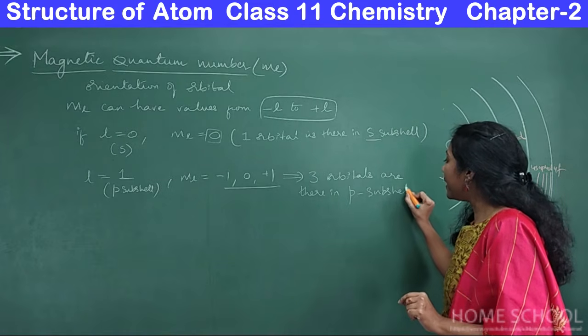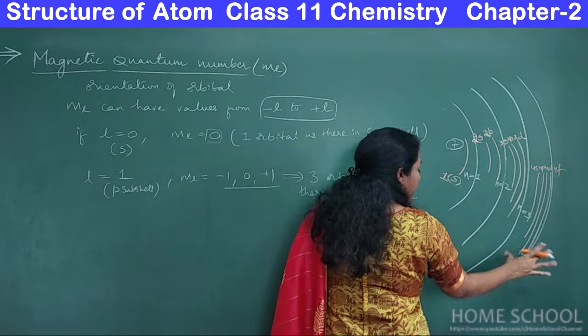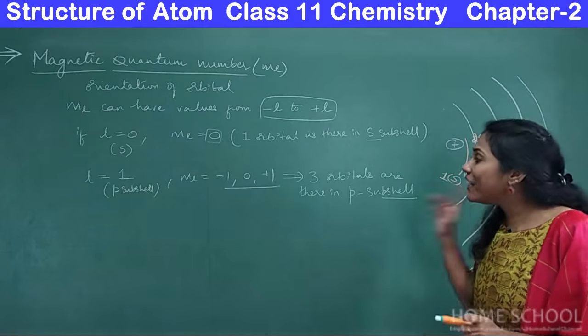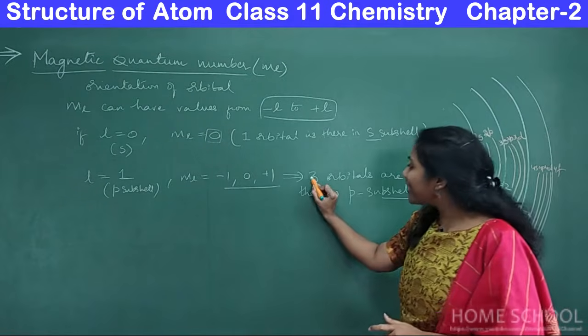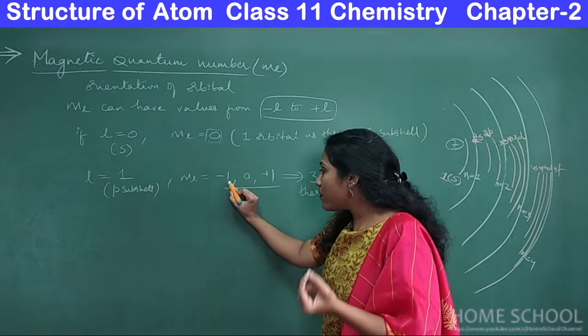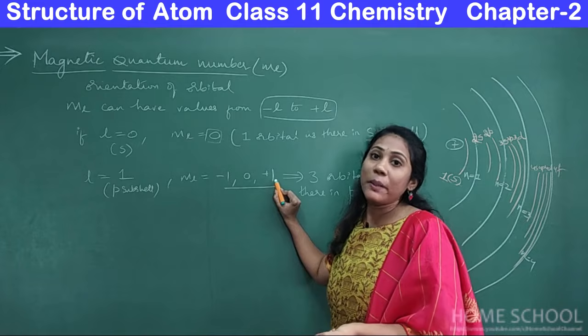This p subshell can be present in the second main shell, third main shell and fourth main shell, whatever it is. So always how many p orbitals are there? 3 p orbitals. What are they? Minus 1 p orbital, 0 p orbital and plus 1 p orbital.